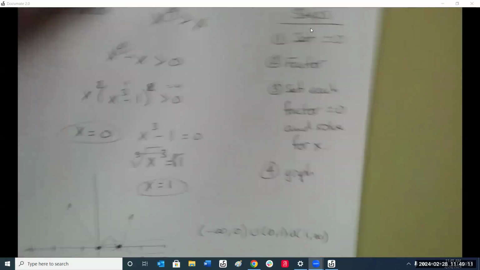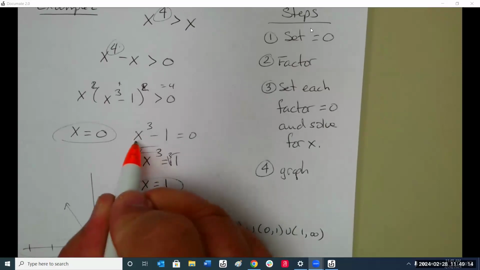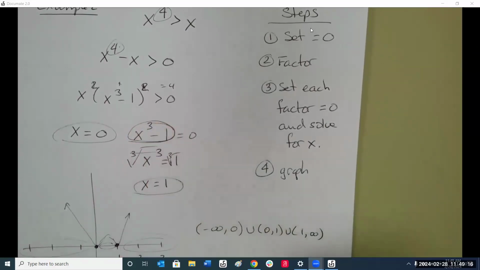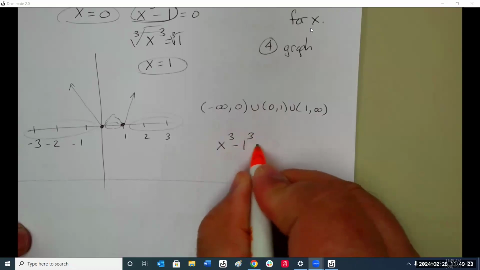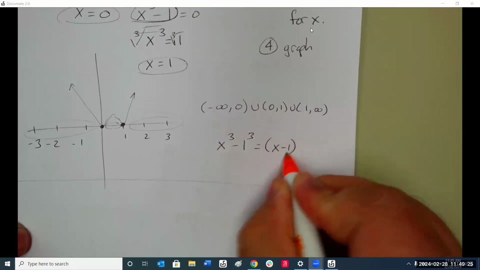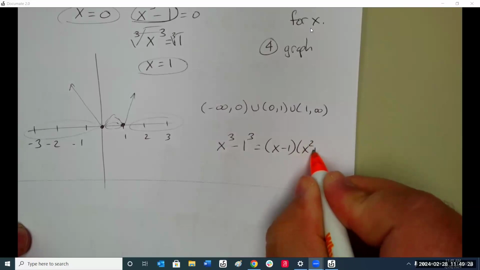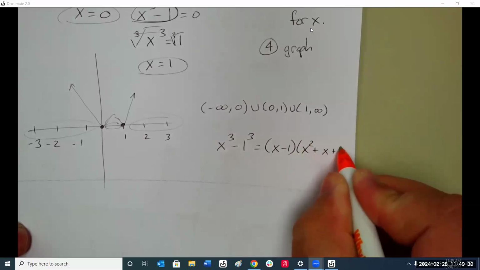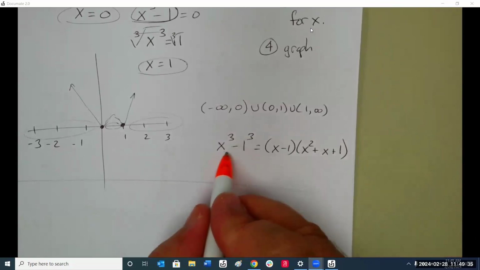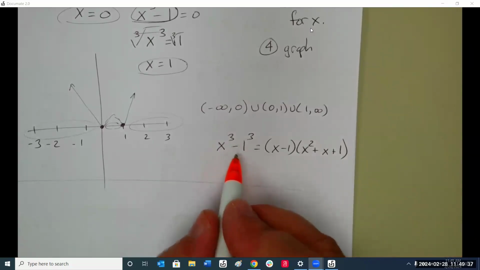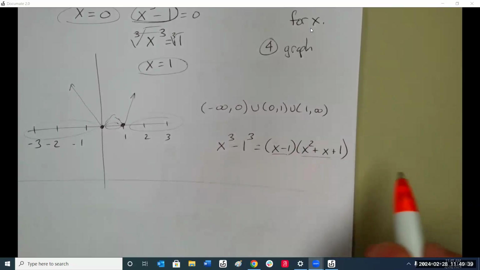Before we go any further, I made an error back here. This equation here can be factored out further. It's called the difference of two cubes. The difference of two cubes, you have one real solution and two imaginary solutions.